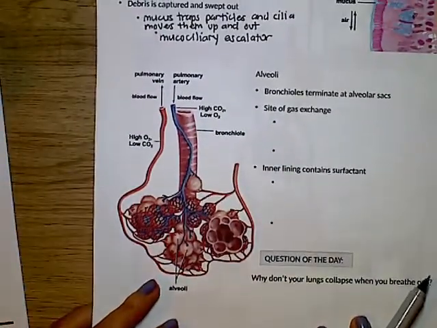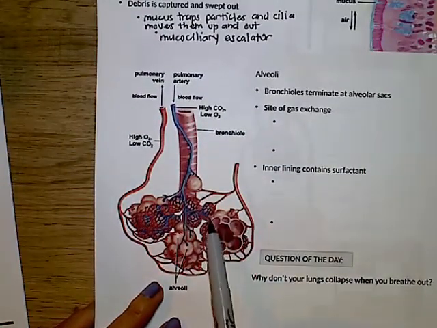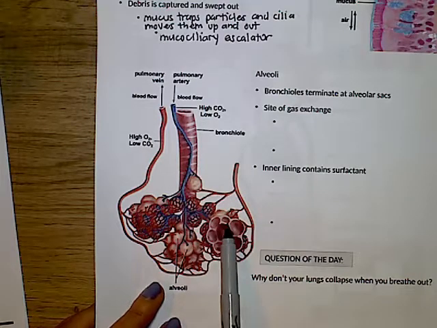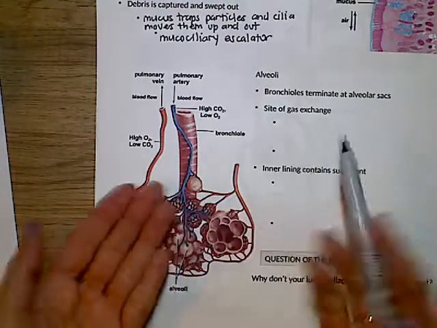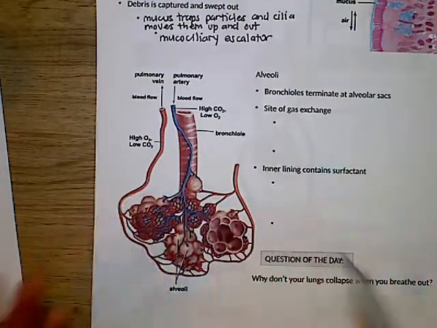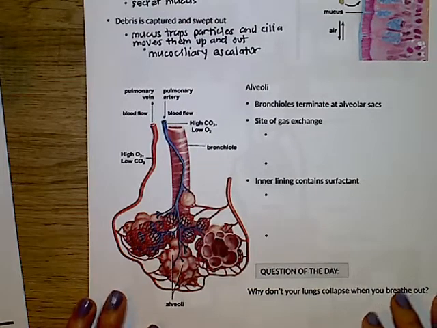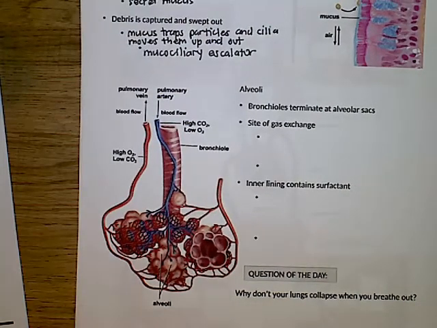You've got over 300 million of these alveoli in your lungs, and if you were to open them up and spread them out, it would be the size of a tennis court, which was also used as a reference for the small intestine. So apparently you've got a whole bunch of tennis courts stuffed inside you.